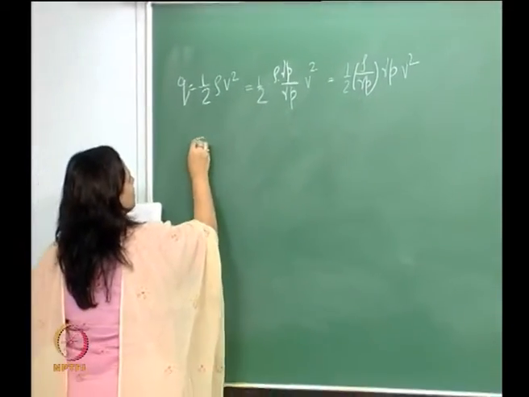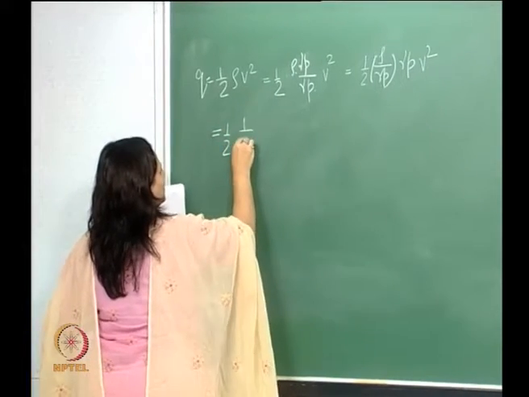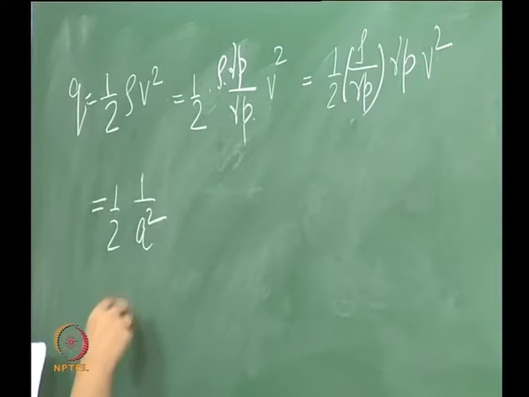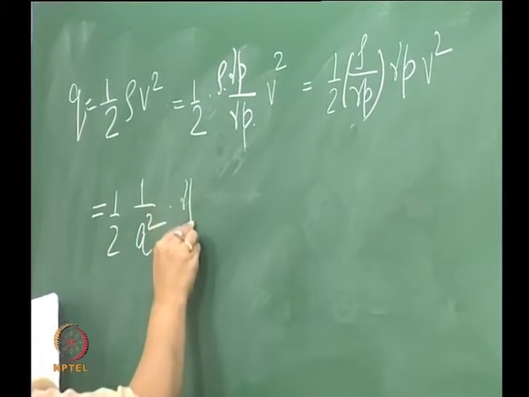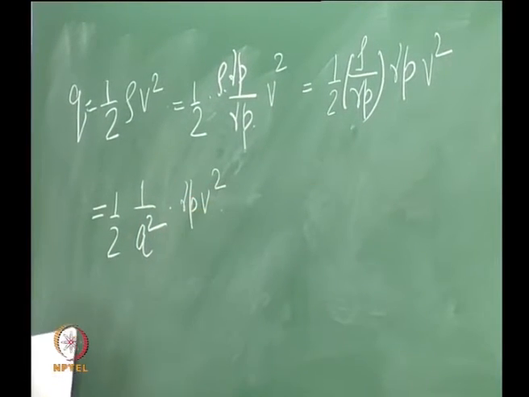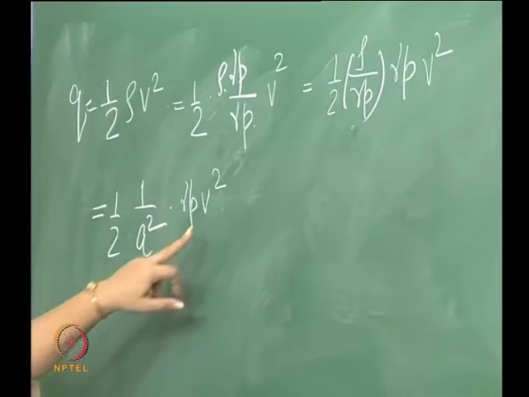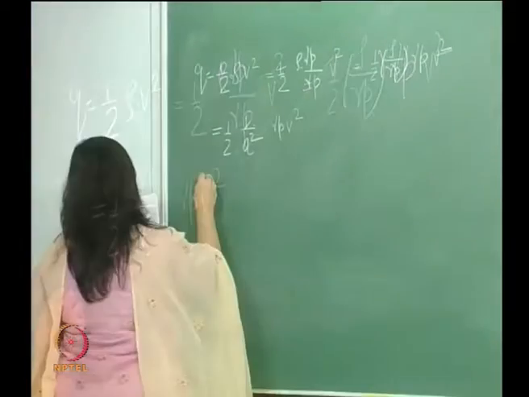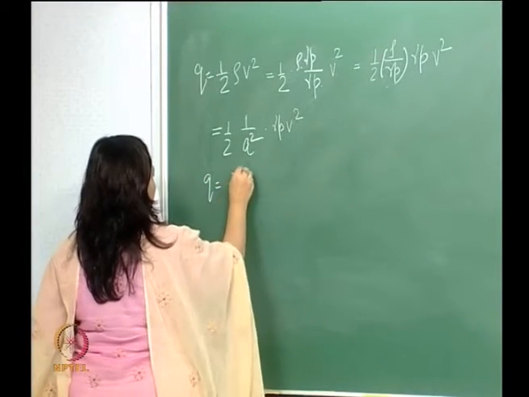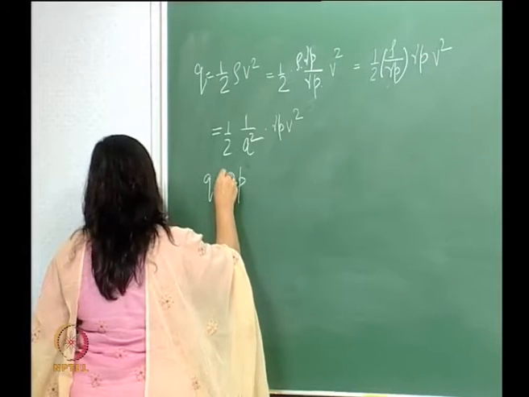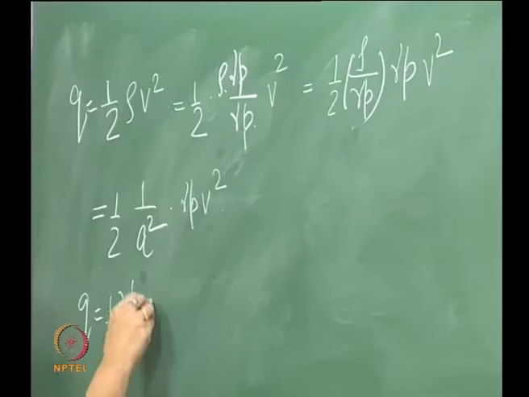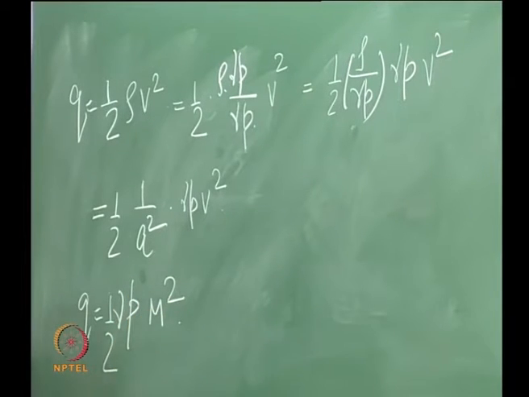So basically we introduce the speed of sound, and we have gamma p v square, and again if you see this v by a, this becomes a Mach number, right. So therefore Q I can also write as half gamma p Mach number squared.